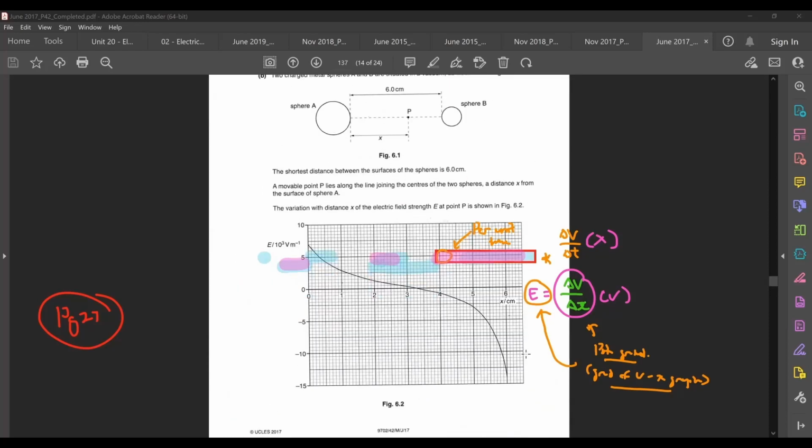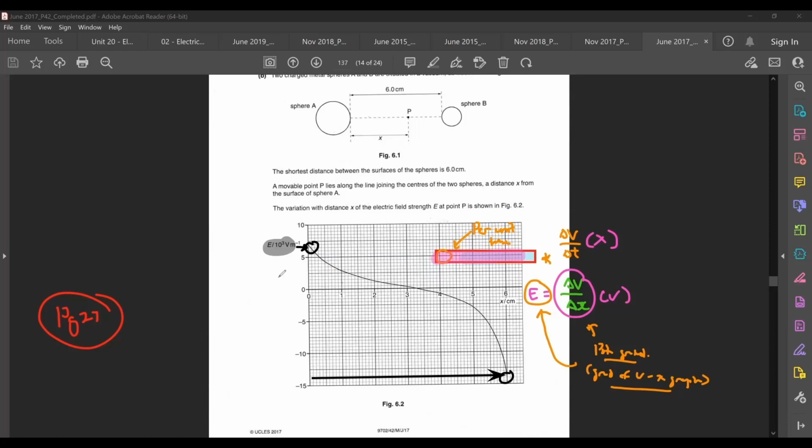So you look at your graph here, you look at the values of your field strength. You can consider this one, or you can also consider this one. But in terms of magnitude, which one is larger?